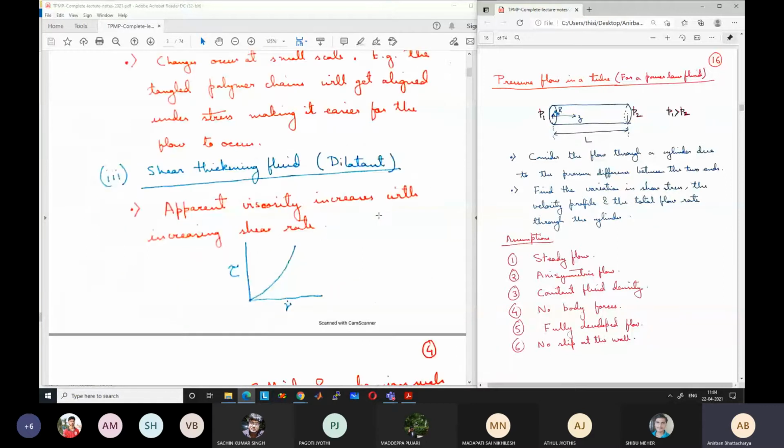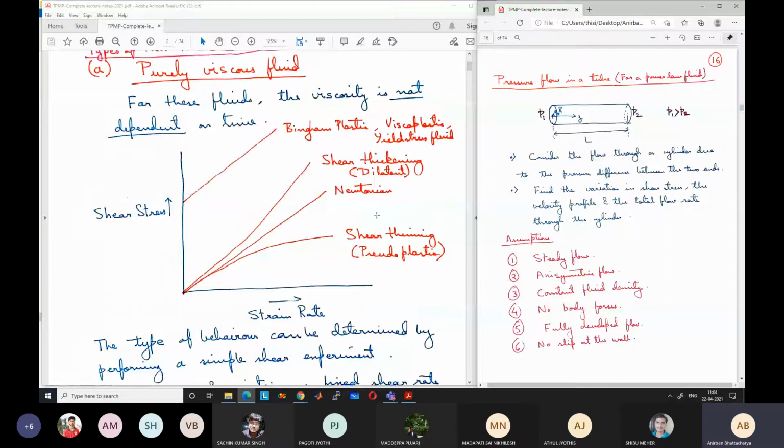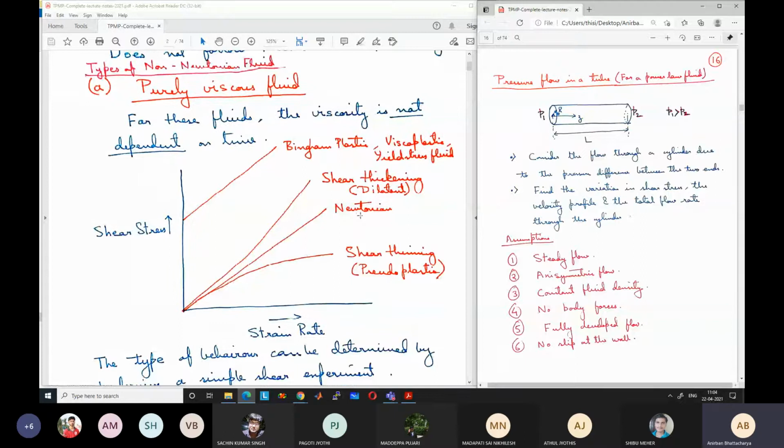Shear thinning fluid, shear thickening fluid, and Newtonian fluid can all be treated as a single class of fluid, known as generalized Newtonian fluid. All of them can be modeled using the same or similar models.